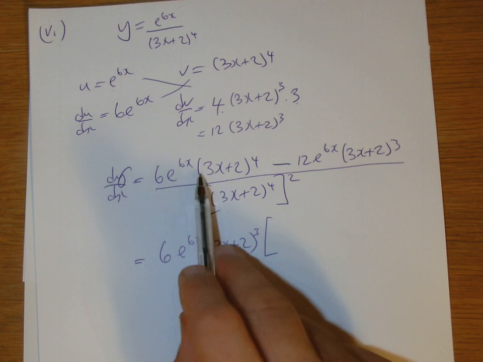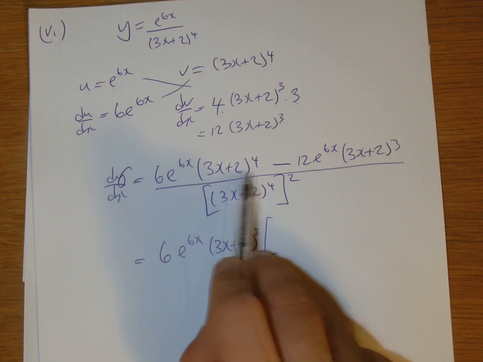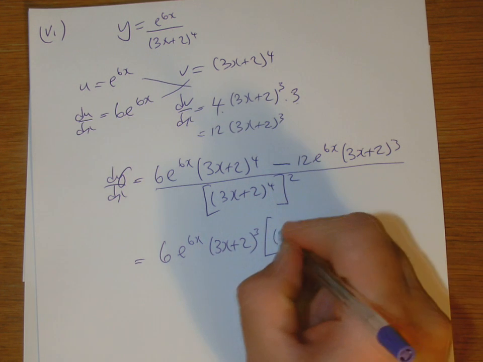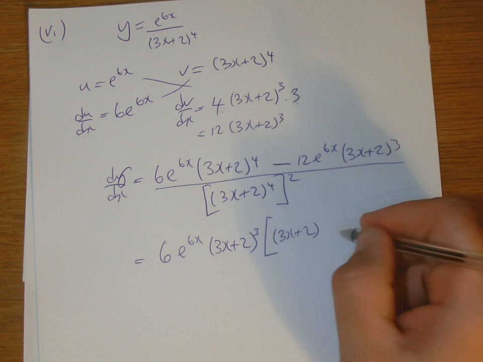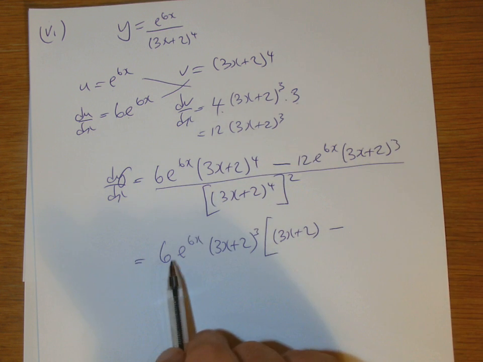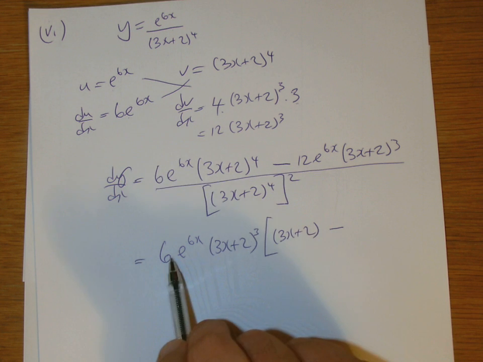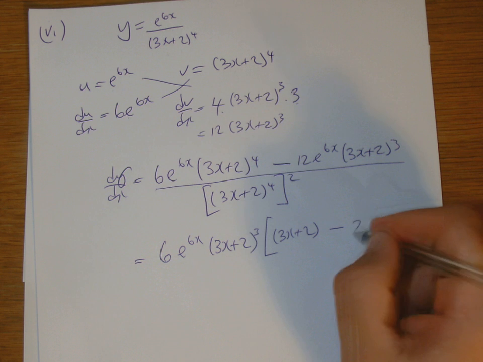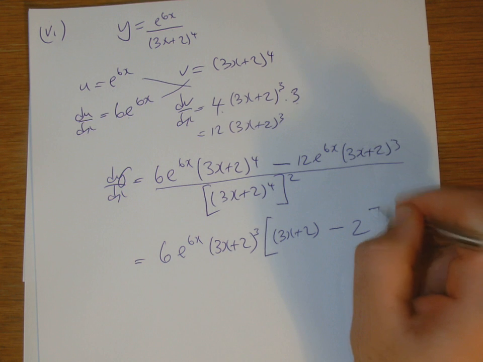And of course you've already got that bit here. You just need the bracket to the power 4, so I need to times it by another 3x plus 2. That will make it to the power 4. Take away then, well, what do I times by this to get that? Well, e to the 6x is already there, but I need it to be 12, so I've got to times it by 2. And the bracket cubed is already there, so that's sorted for me.